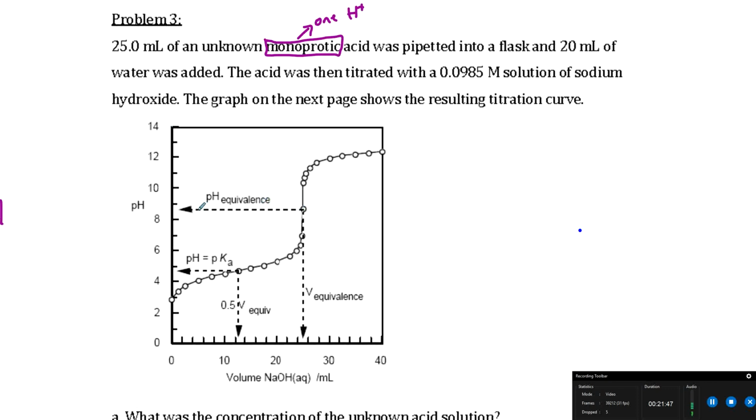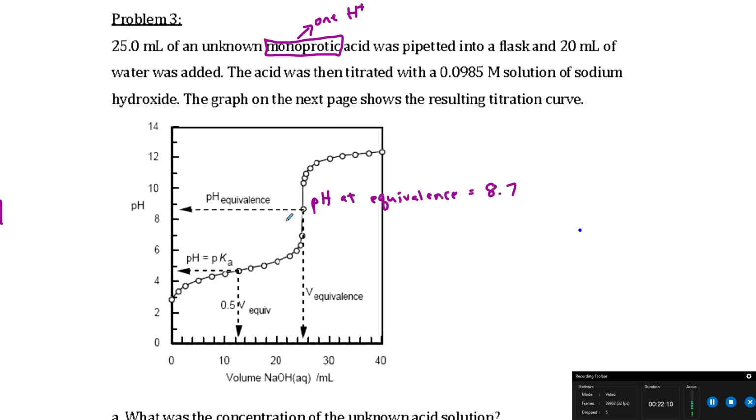Well, here's the equivalence point. So let's just say the pH at equivalence equals, I'm going to say that's 8.7. Okay, it's above 8.5, so we're going to say it's about 8.7.